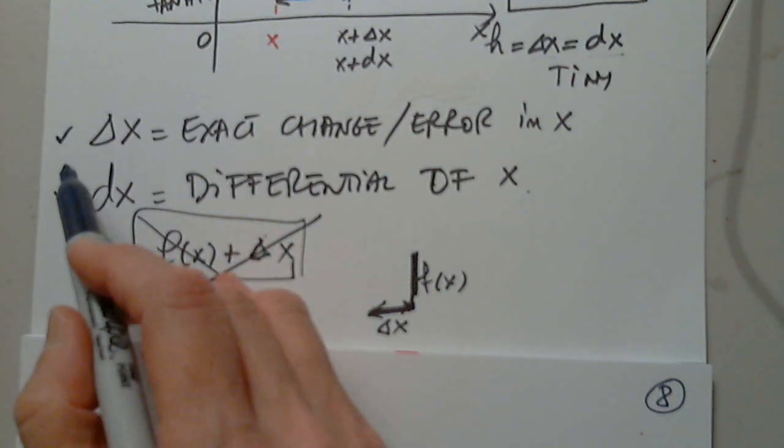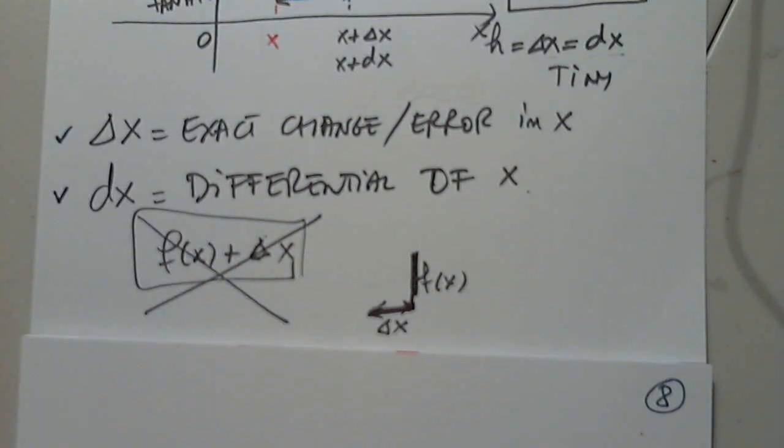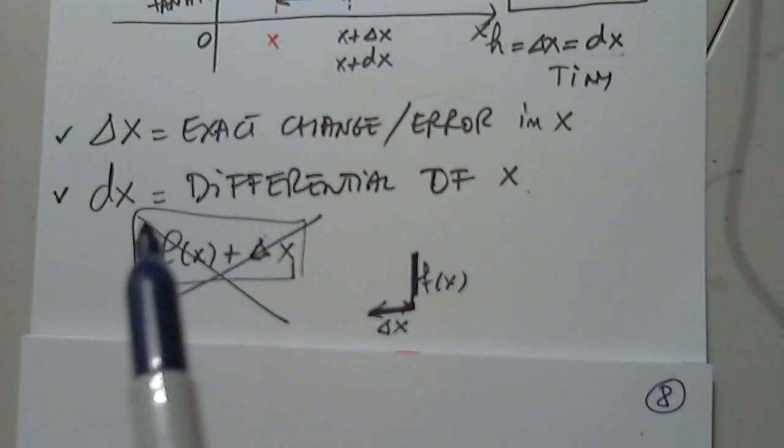We identified what delta x is called, what dx is called. Now, I don't want to go back there. I want to just graph it one more time.